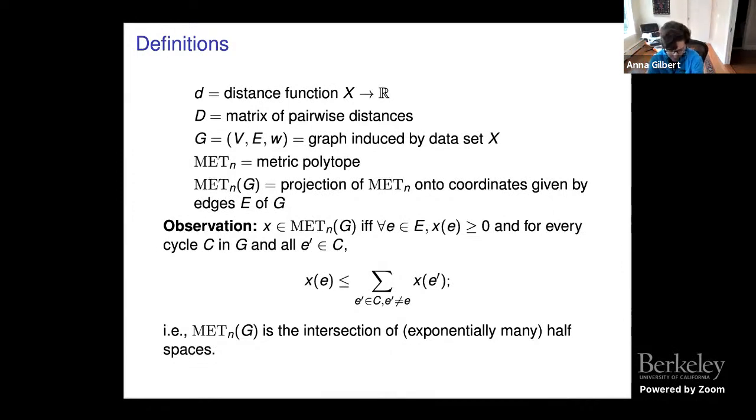And I'm interested in finding metrics. So I'm interested in the combinatorial object, the metric polytope on n points, as well as its projection onto the coordinates given by the edges of some graph G.